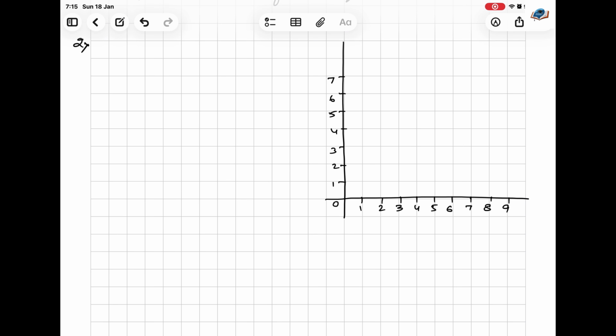Now some of the points are given: P is 2, 5. So 2, 5 will be here. Then Q is 4, 4.